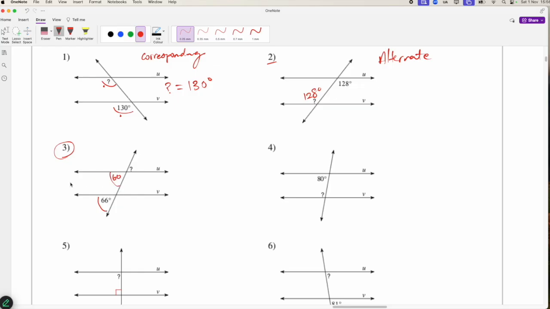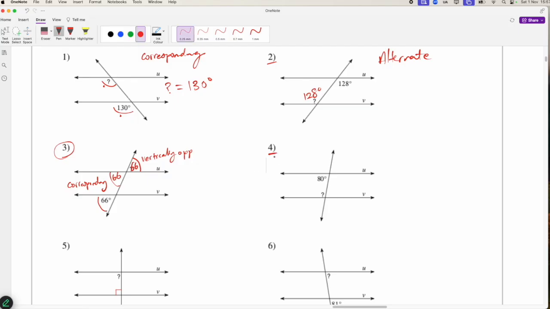Yes, so that's corresponding. And then this is vertically opposite. So corresponding and vertically opposite. You might need to combine your reasoning, and so this is 66 degrees as well.